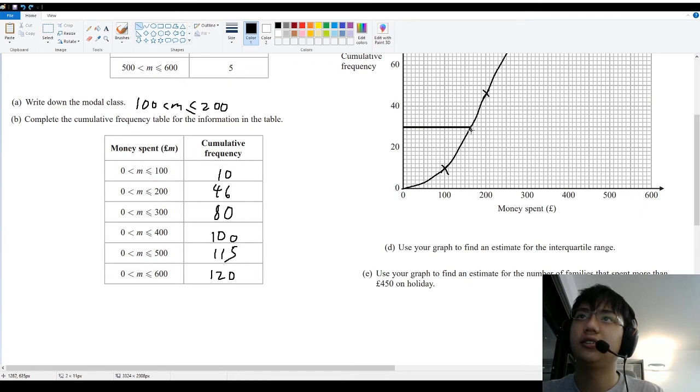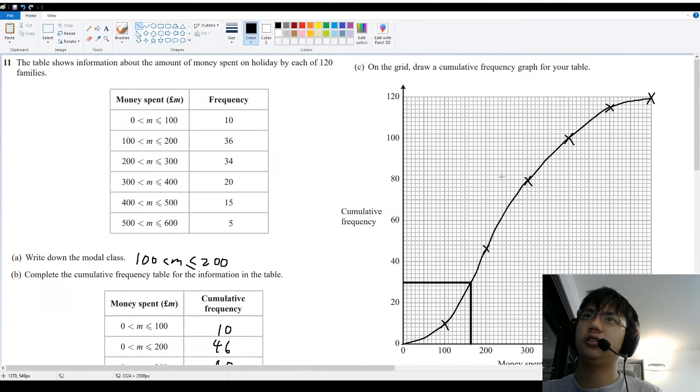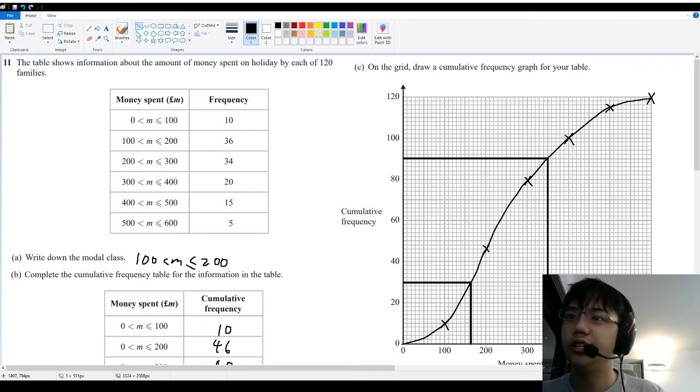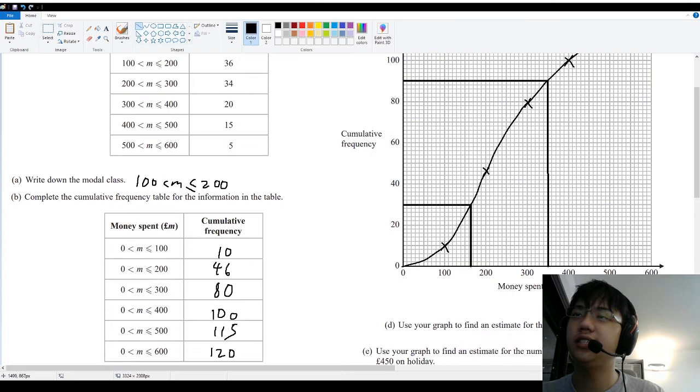Then you go to the upper quartile, so you have 90.